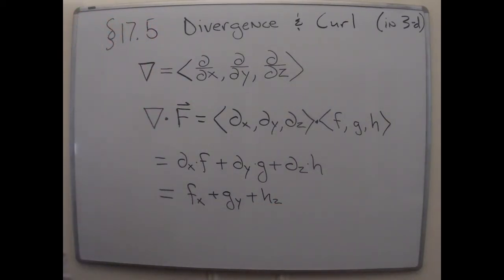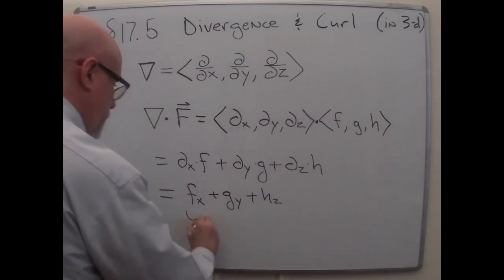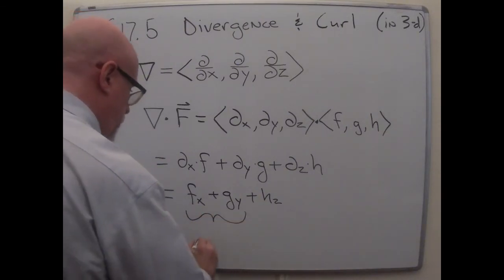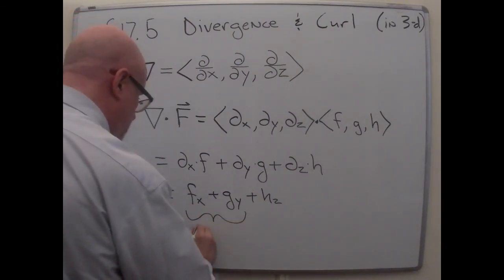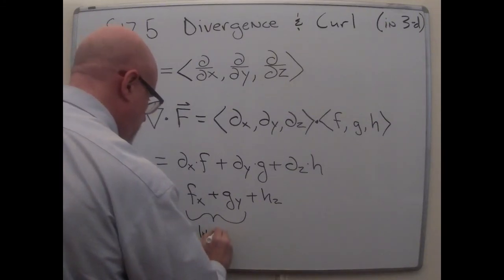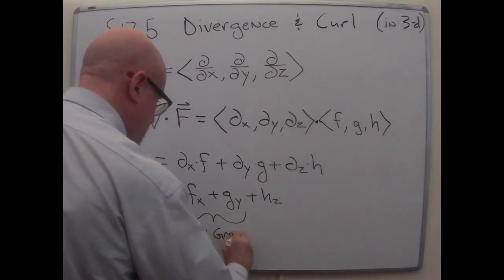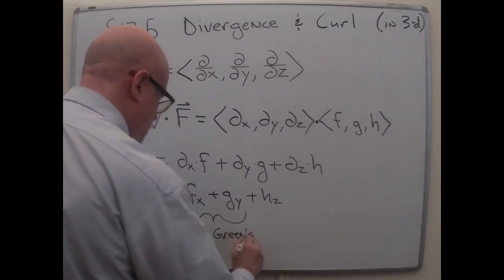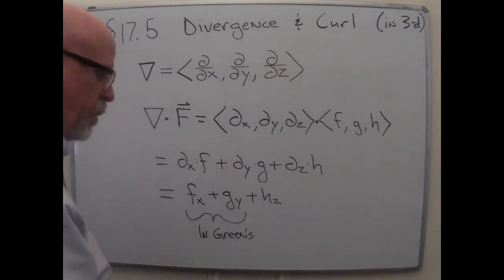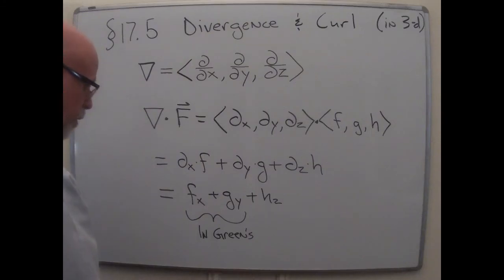Now, that is really just one extra component to what we did in the two-dimensional version we saw in Green's theorem. This piece, f sub x plus g sub y, that was from Green's theorem. The version where the line integral has the normal vector, and this is the so-called two-dimensional divergence.